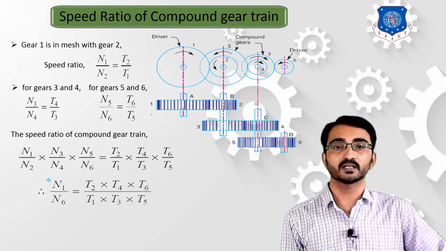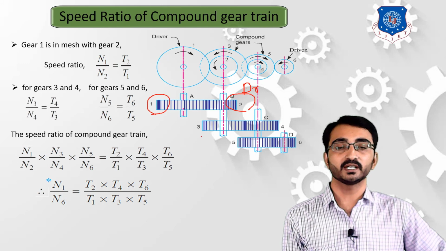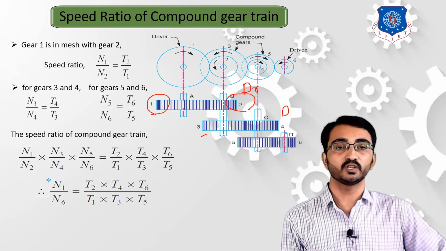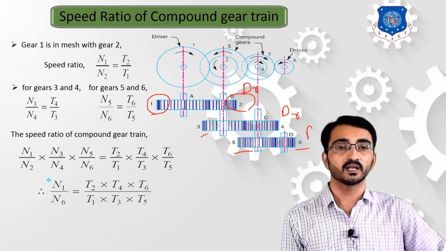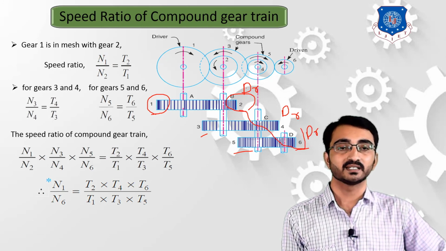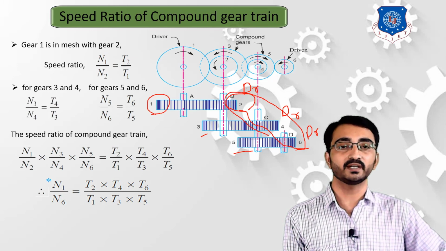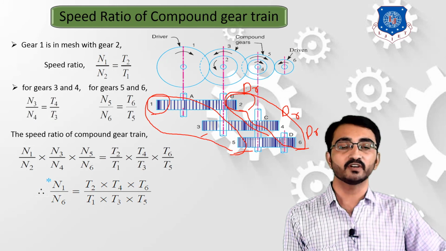If we consider gear 1 as a driver, then gear 2 will be your driven gear. Similarly, for gear 3, your gear 4 will be your driven gear, and for gear 5, gear 6 will be your driven gear. So over here, gear 2, 4 and 6 are the combination of driven gear, while gear 1, 3 and 5 are the combination of driver gear.